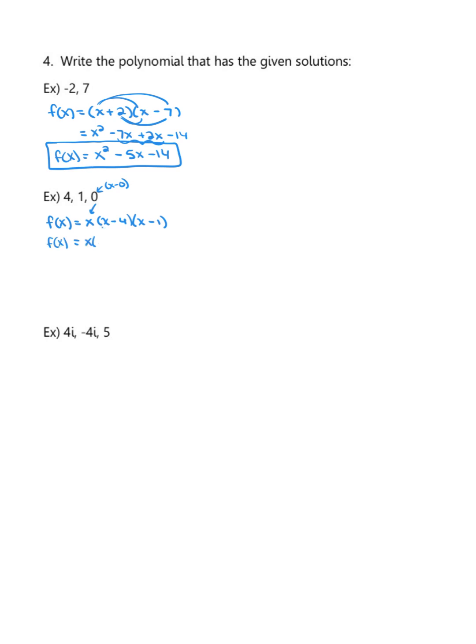I'm going to multiply these two first. So x times x is x squared minus 1x minus 4x. Negative 4 times negative 1 is plus 4. Combine like terms. And then distribute the x. X cubed minus 5x squared plus 4x.